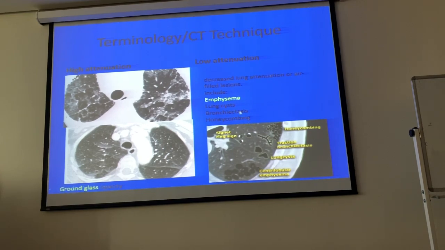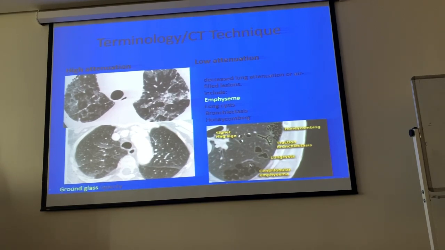So what are the low attenuation diseases, or low attenuation zones? Emphysema, lung cyst, bronchiectasis, and honeycomb. And all are given here in the diagram.